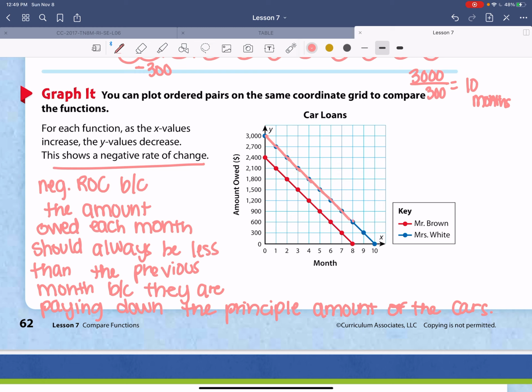So I'm not going to have something that veers off to the side and then all of a sudden they end up paying off at the same time. It's never going to happen because they're paying off the same amount every month. So these lines will never touch, and since they'll never touch, that makes them parallel.